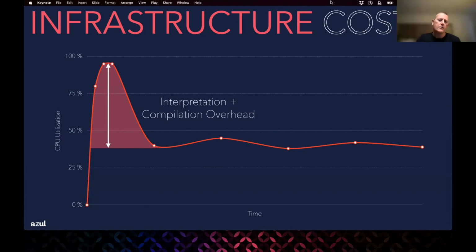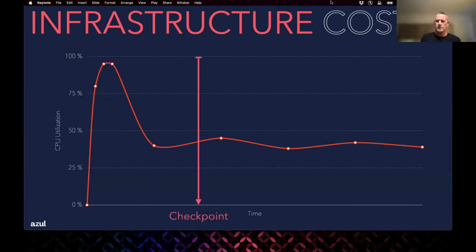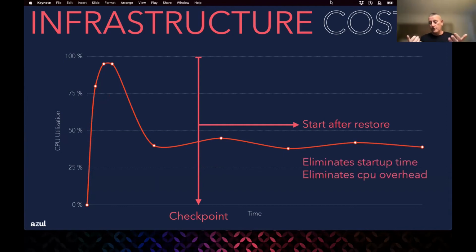Okay, so if we now create the checkpoint here, where all the stuff has been done already, and then we start the next time from there, then we really save. First of all, we eliminate the startup time, we eliminate the CPU overhead that we had in the beginning. That means the next time you start, you probably don't need that many cores in your nodes, or you don't need that many nodes to get a slow startup time, because this is now directly optimized code that you start.